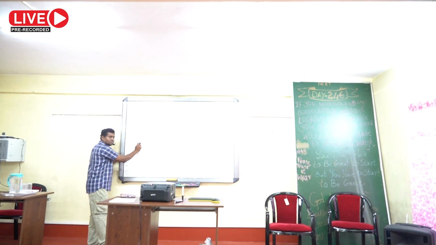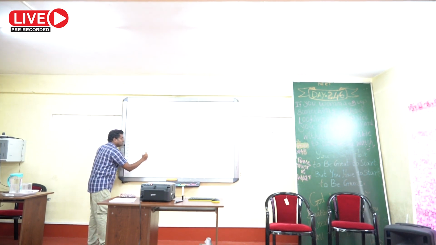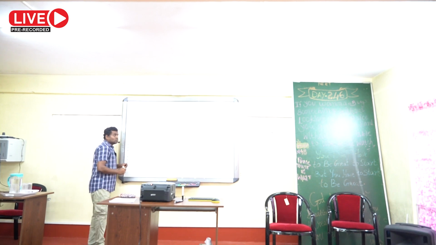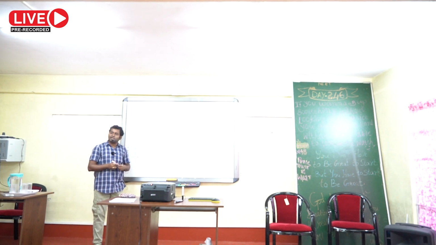Half into x equal to m2 into y. So what is m2? x by 2y.